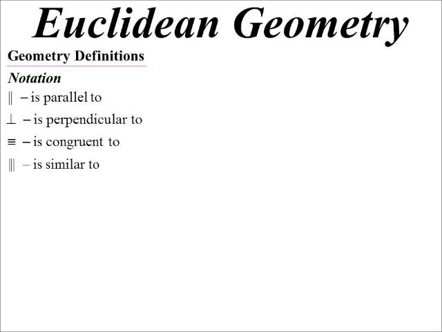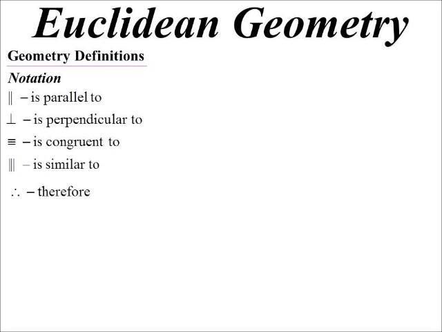But to start with, let's have a look at some notations we use in geometry and different definitions. So here we go. Remember, two vertical lines is parallel to, the upside down T is perpendicular to, three horizontal lines is congruent, three vertical lines is similar.